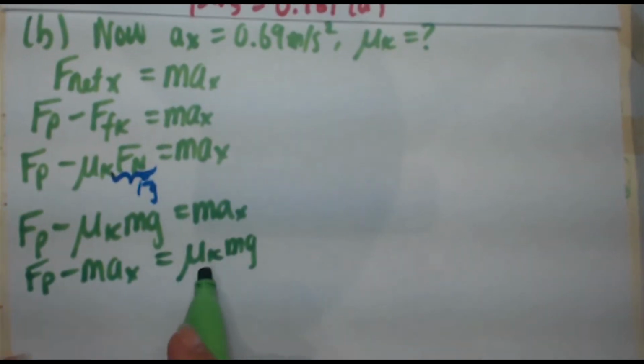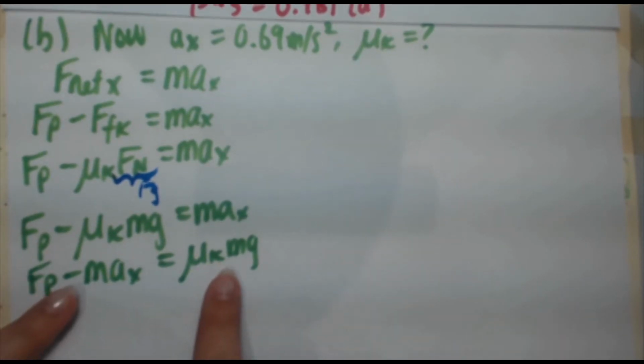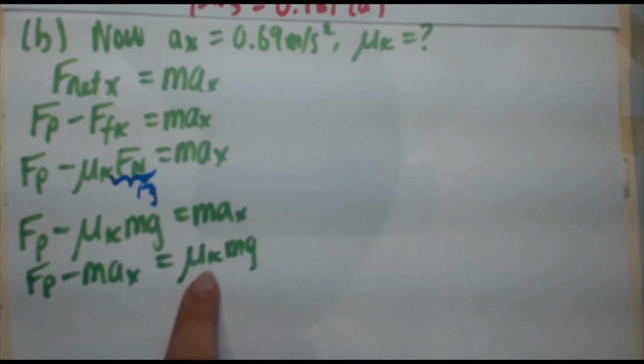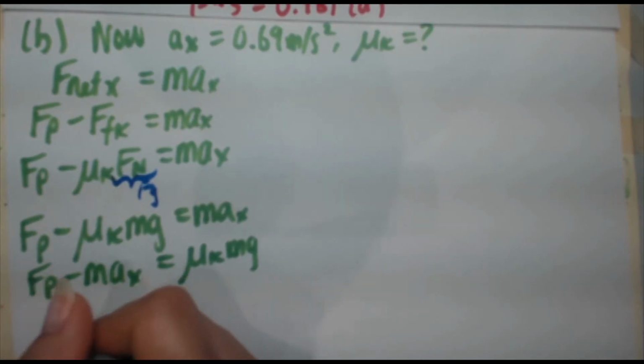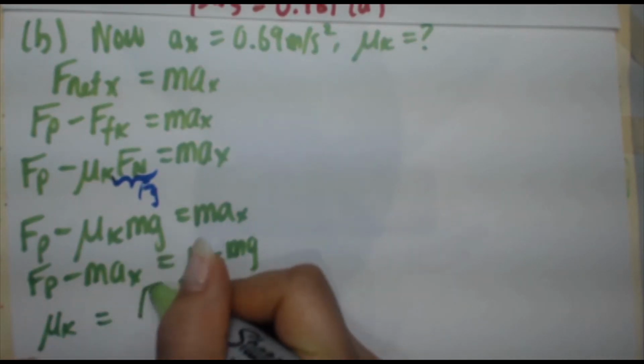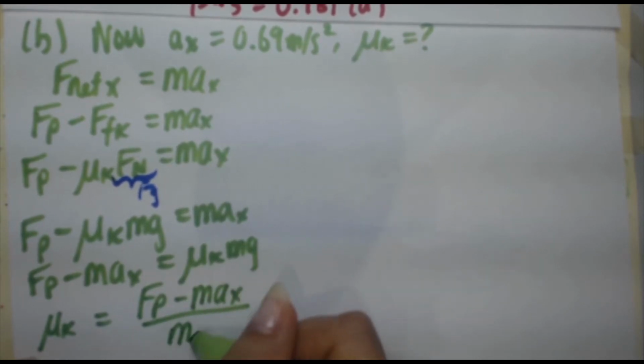So now to get mu k by itself, you divide both sides by mg. I'm also going to switch the sides just so mu k is on the left. So nothing else is changing. I'm just going to divide both sides by mg. Okay, so then I get mu k equals Fp minus max over mg.